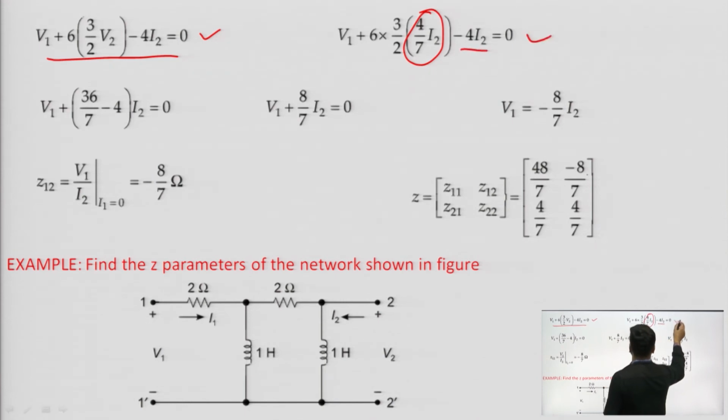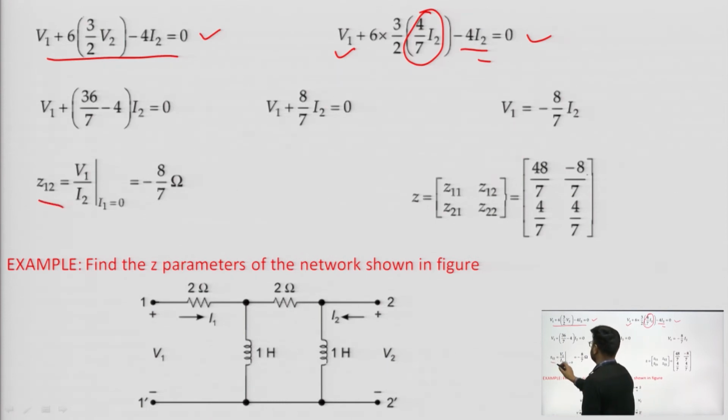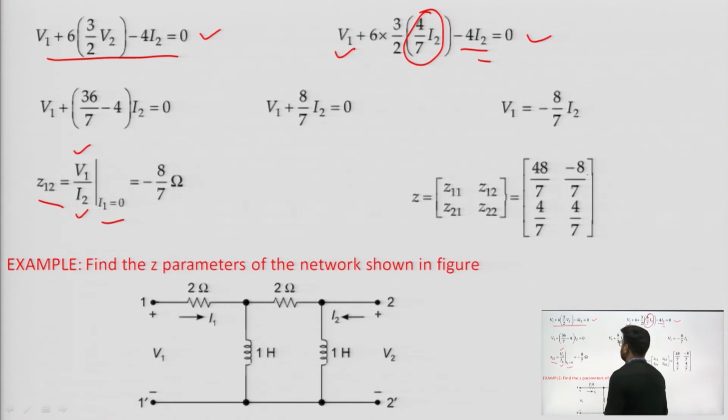Now, we have an equation in V1 and I2. So, we need Z12, which is the ratio of V1 and I2, keeping I1 equals to 0. On solving this equation we will get minus 8 by 7 ohm. So, Z12 is minus 8 by 7 ohm.